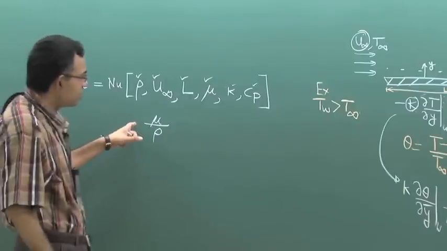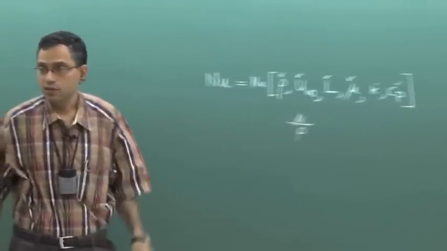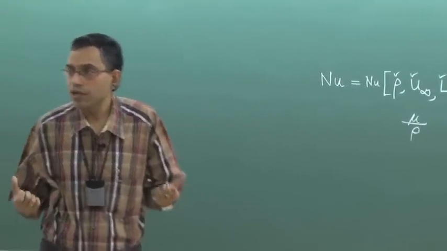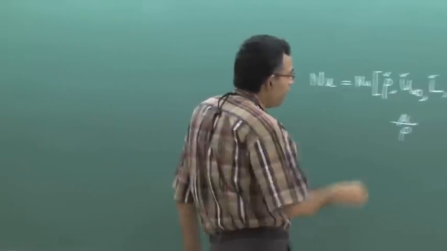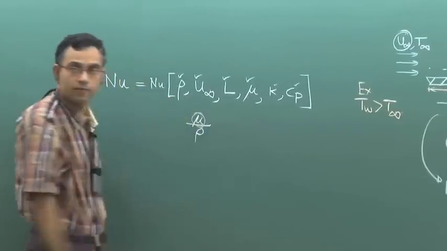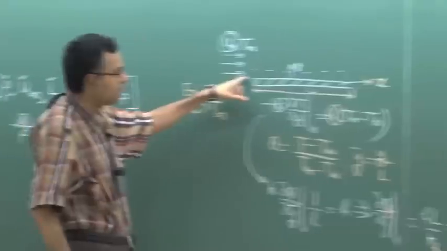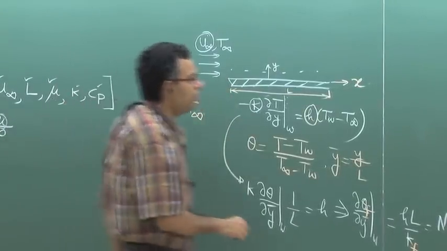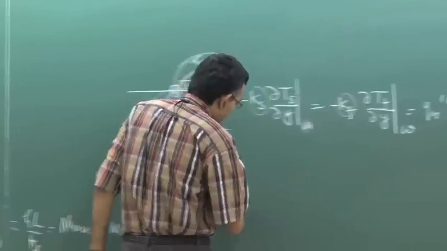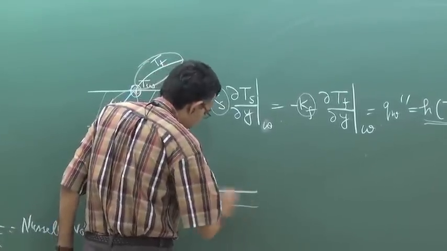Now the question is, why is mu by rho important? Why not mu individually or why not rho individually? So what does mu do? If you think of this physical problem, let us draw a separate sketch here. Let us say this is the wall.